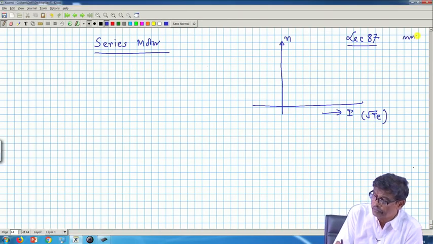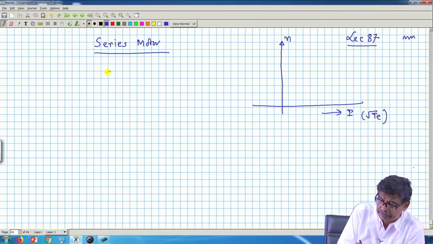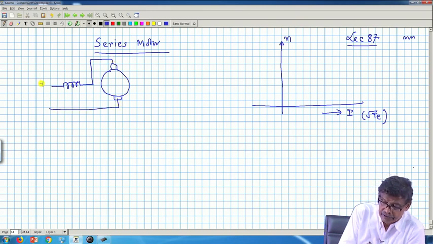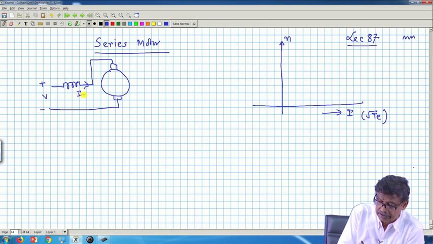The series motor connection is one of the simplest connections. This is the motor and this is the series field, with few turns. Here is the applied voltage V, and the field current and armature current are the same because of the series connection.